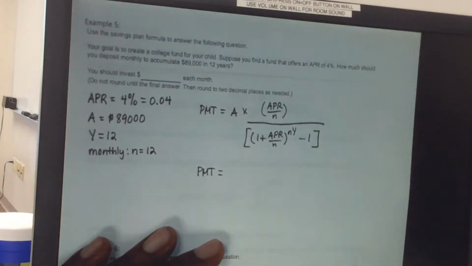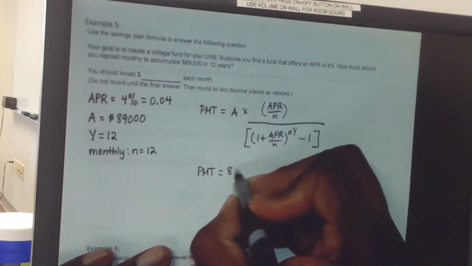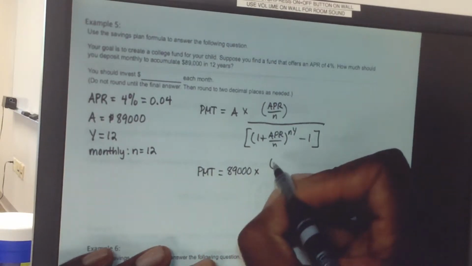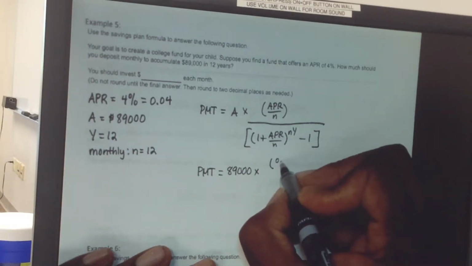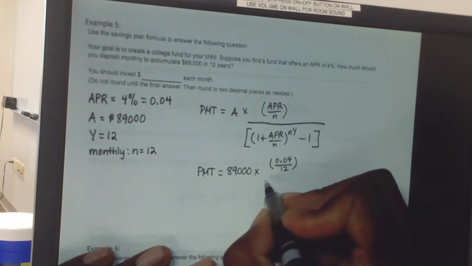Now let's substitute into that formula here. PMT is what we're trying to find. Your A is $89,000 times your APR is 0.04 divided by N, that's going to be 12.